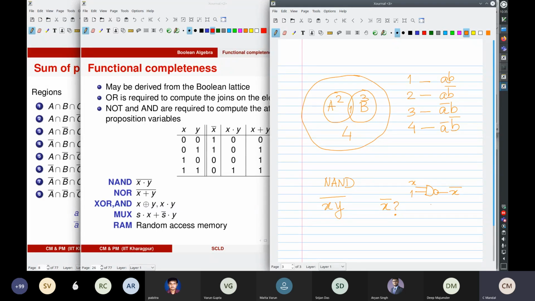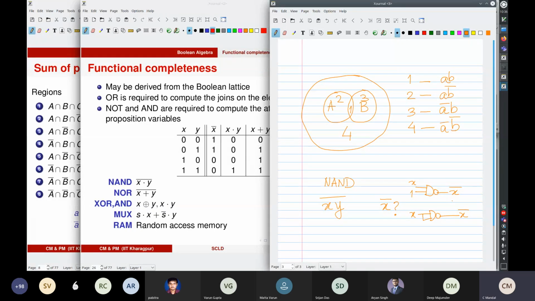And of course if you do this, this will also give you x bar. That is an important observation. So you could say that NAND by itself is functionally complete.